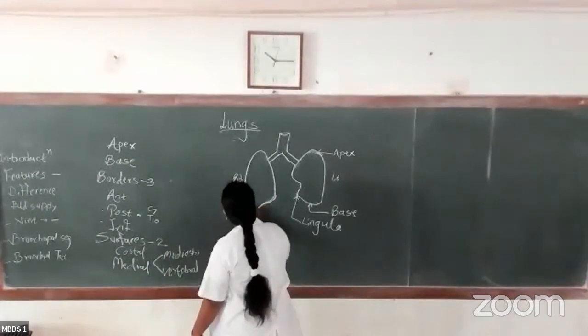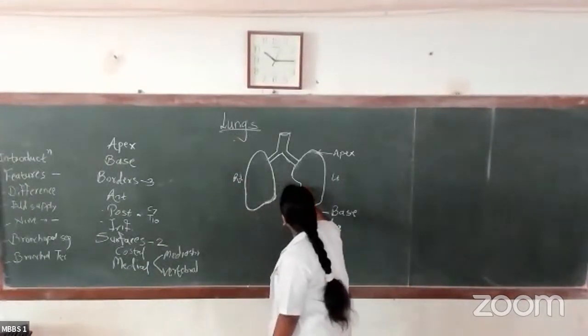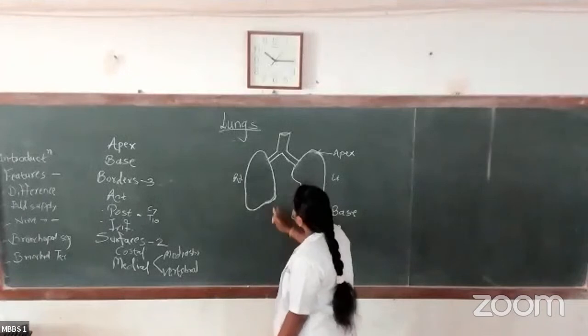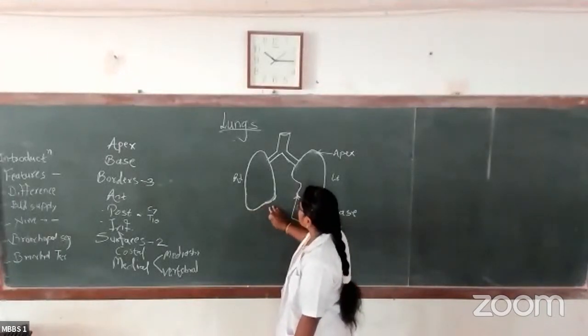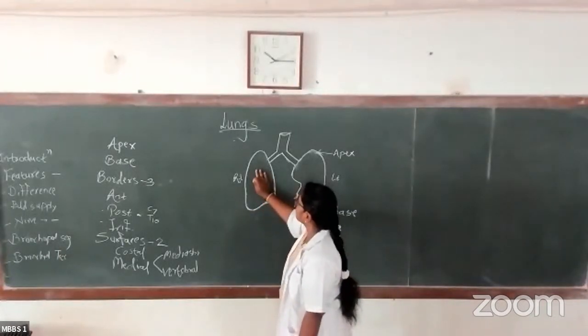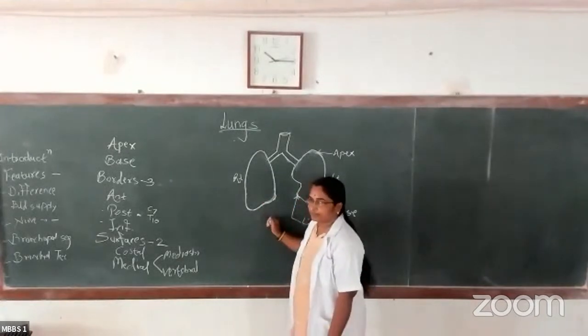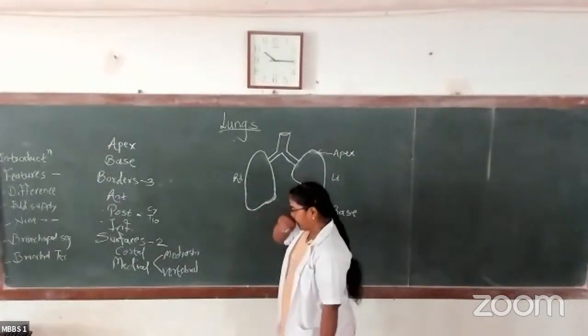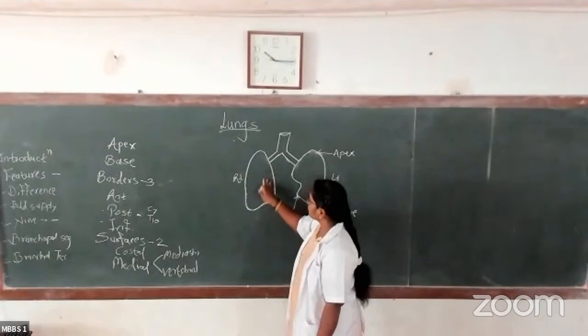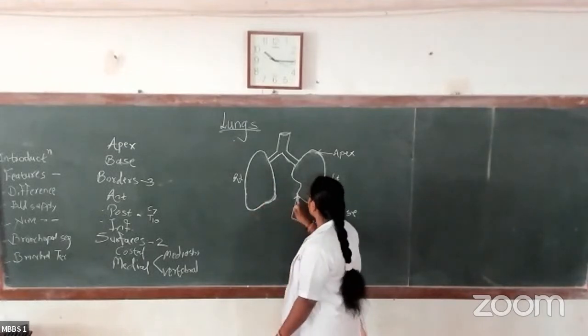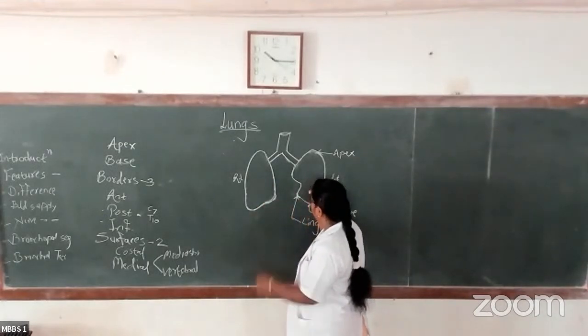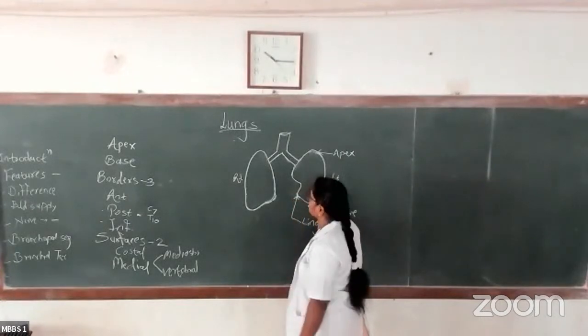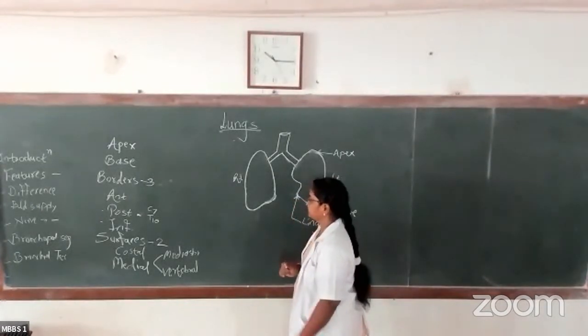This inferior border is very prominent, which separates the base from the costal and medial surfaces. So this inferior border is the sharpest border which separates the base from both the surfaces.